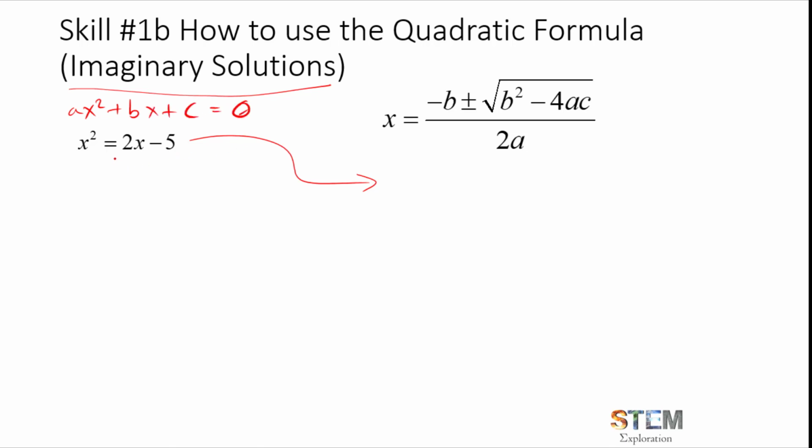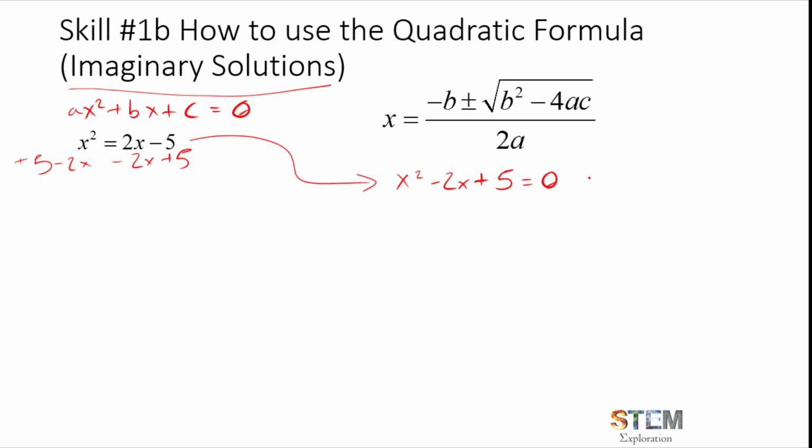So I'm just going to subtract 2x, subtract 2x, add 5, and what I will get is x squared minus 2x plus 5 all equal to 0.